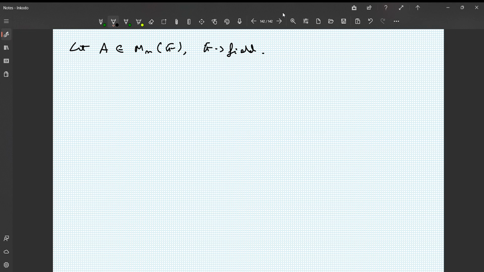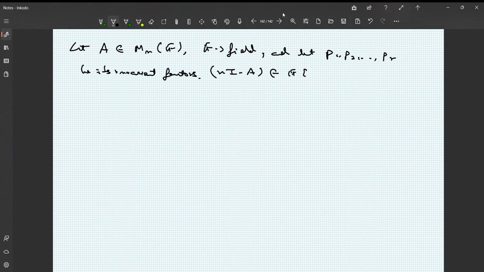Okay. So suppose we have an n cross n matrix. Let A be an n cross n matrix over a field F. And let P1, P2 till PR be its invariant factors.